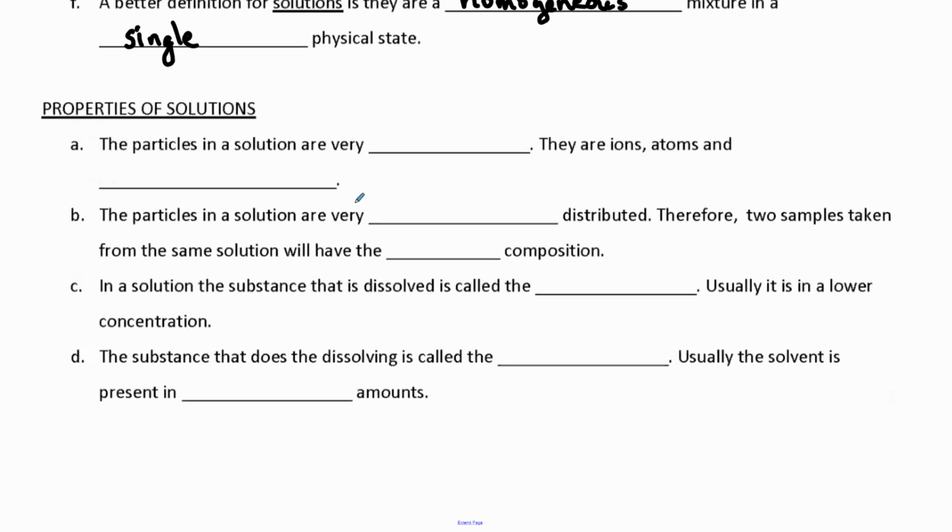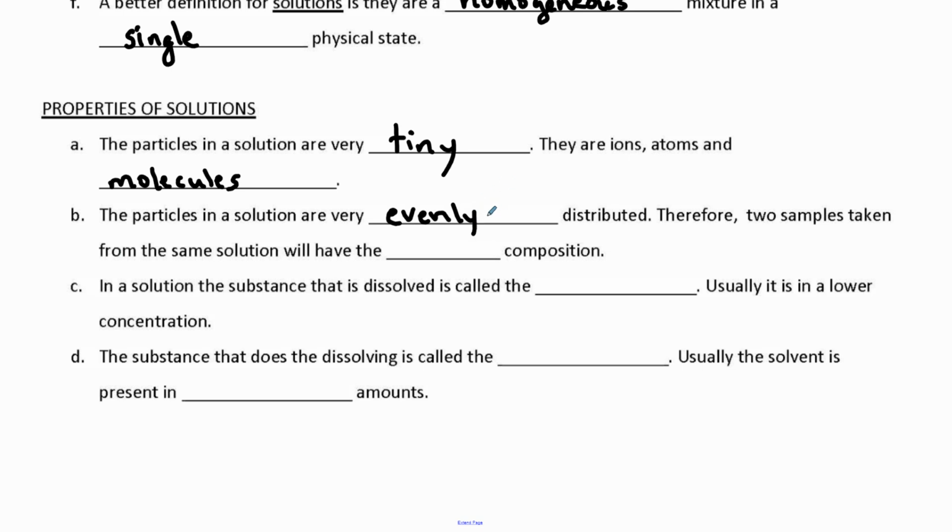So what are some properties of solutions? So one thing we can say about solutions is the particles in a solution are very tiny. They are either ions, atoms, or molecules, none of which are visible to the naked eye. The particles in a solution are evenly distributed.